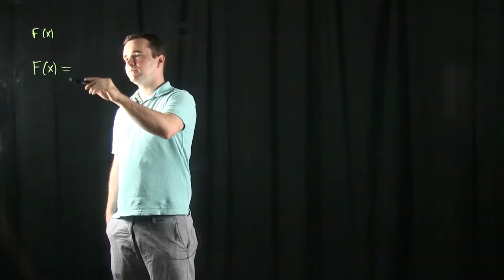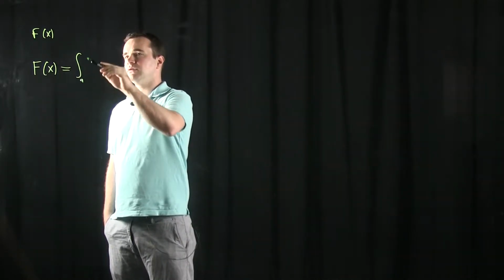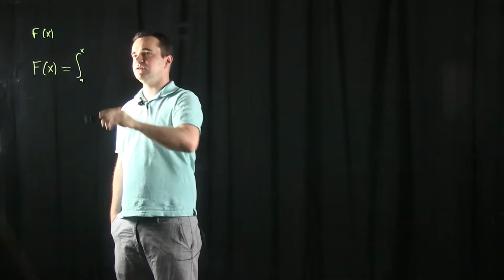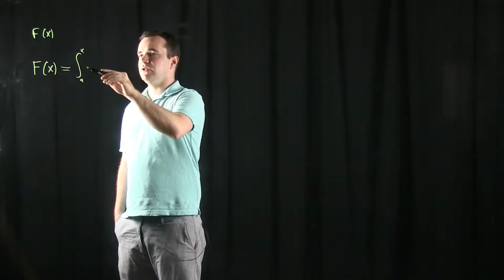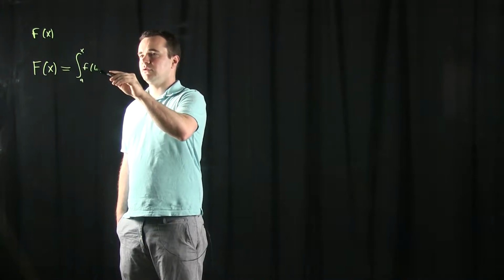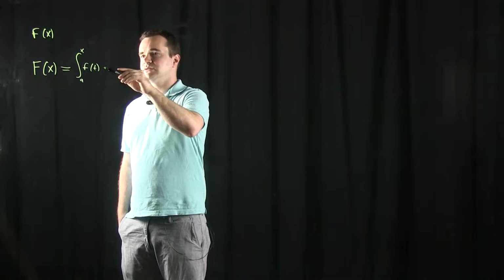And the variable is actually going to go up here in the upper limit of the definite integral. So I'm going to integrate this function, little f, call it f of t, all the way from a to x.